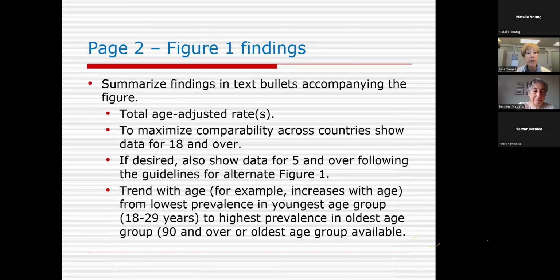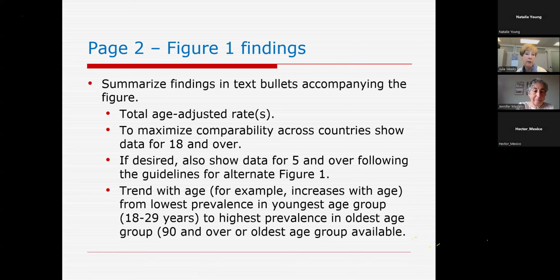Very briefly, the findings, as I mentioned, for these figures are very high level. So we're not writing a great deal of text and going into detail about every difference in terms of the bars and the data being presented. We're mentioning the total overall age-adjusted rates. We are specifically presenting and probably writing a bullet about the 18 and over population, the adult population, so as to maximize comparability.